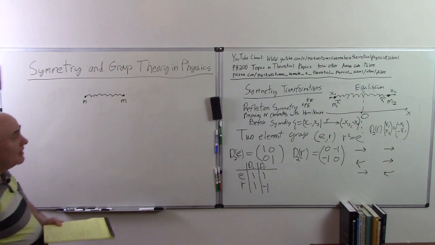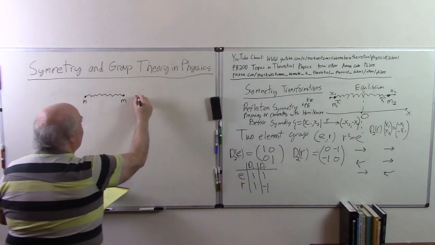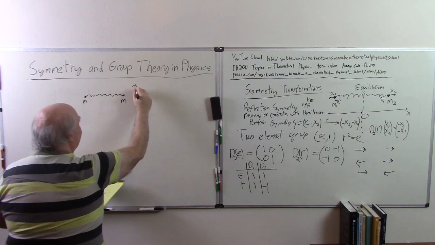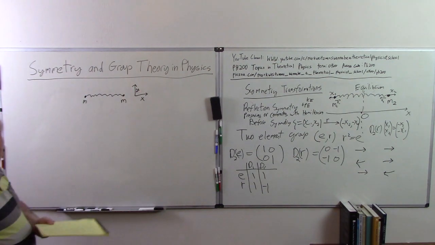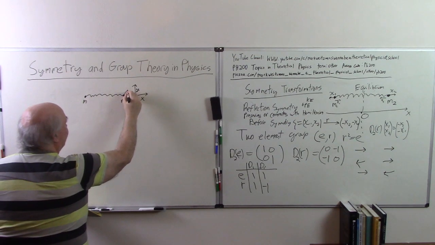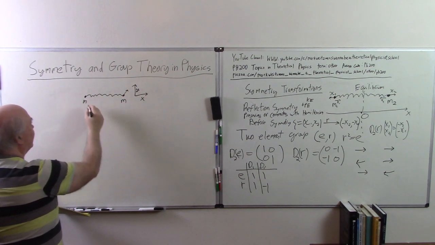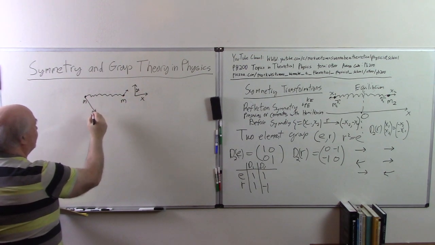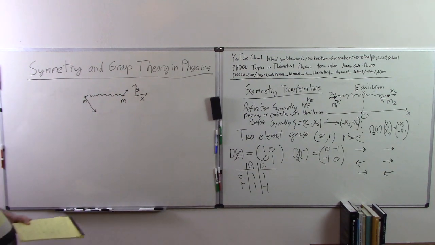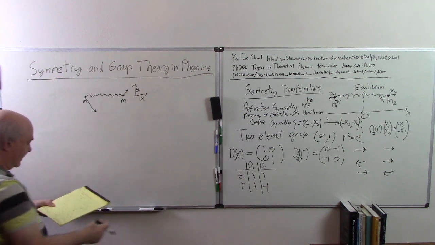But now our x coordinates are like this and our y coordinates are like this. We're going to allow small oscillations where this mass can go like this, and maybe this mass can go like that. This is supposed to be small relative to the spring size, but I'm just drawing it larger. So they can go in both the x and y directions.